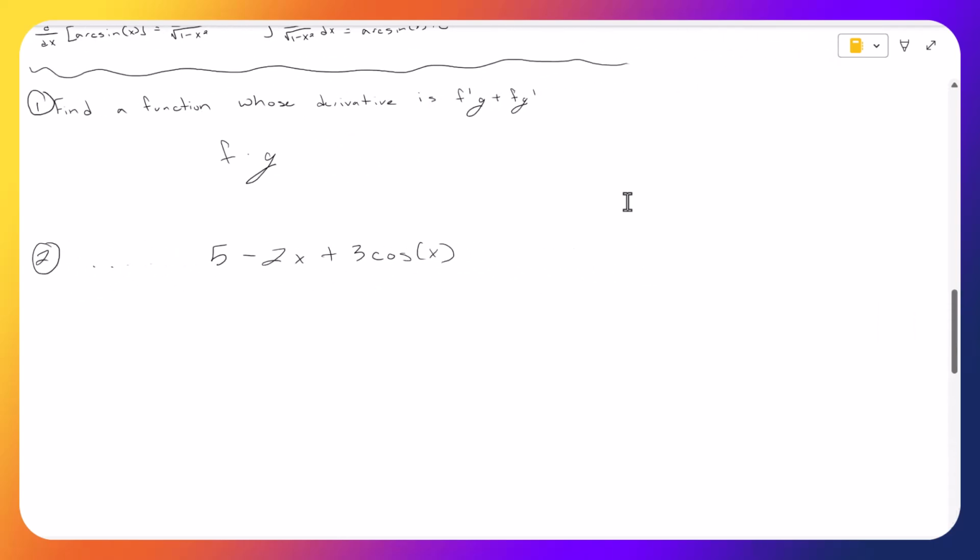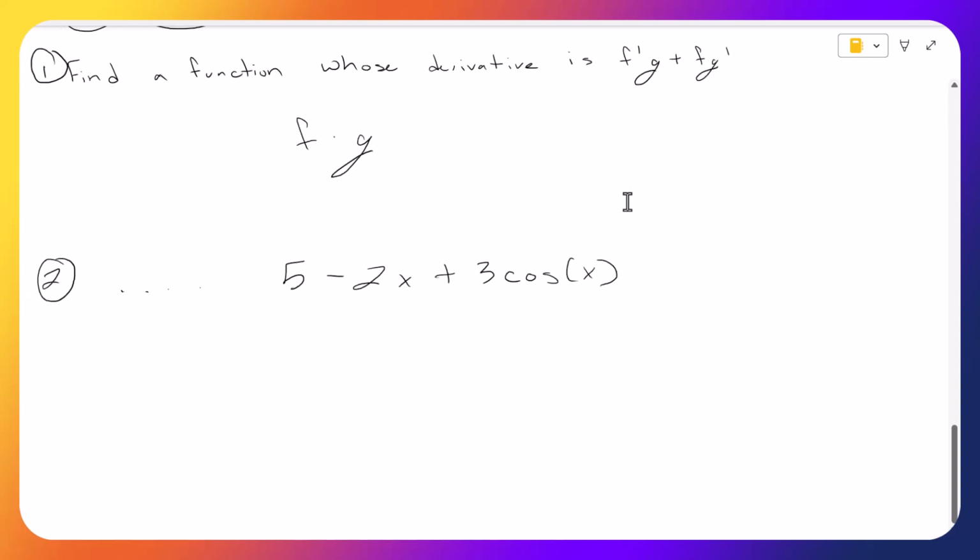I want to find a function whose derivative is this. So really I'm going to write this as the integral, or the antiderivative, of this. We can use some rules here to make this a little nicer for us. This is the integral of 5 minus 2x plus 3 cosine x.